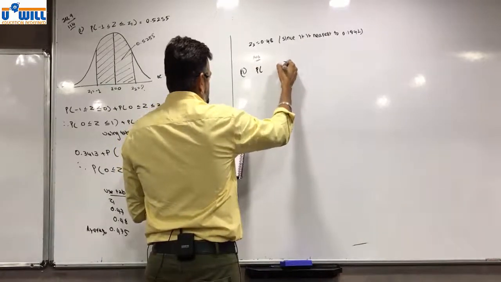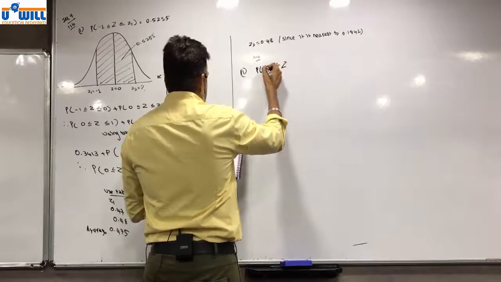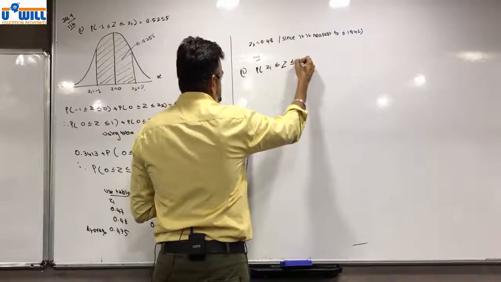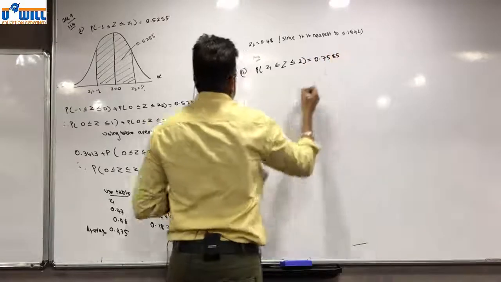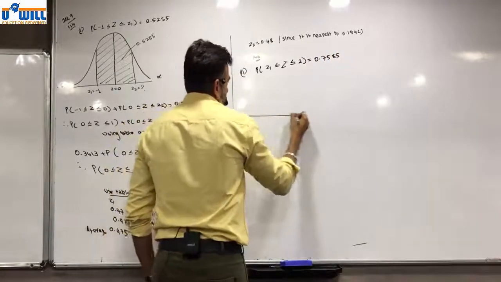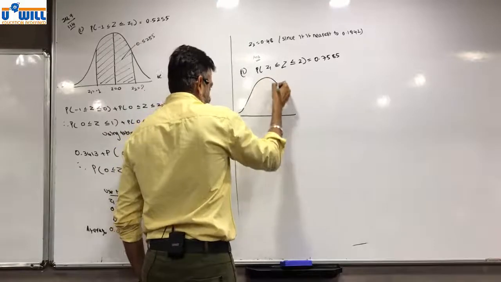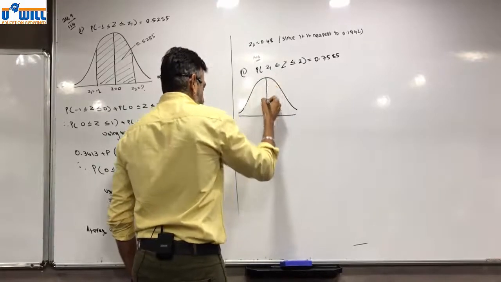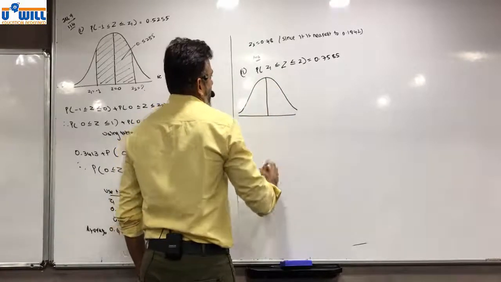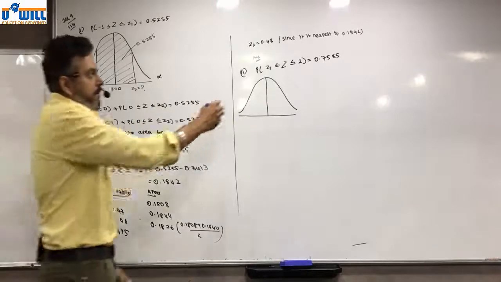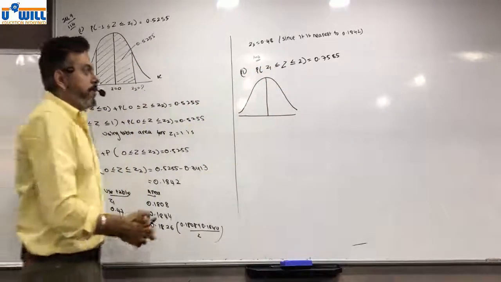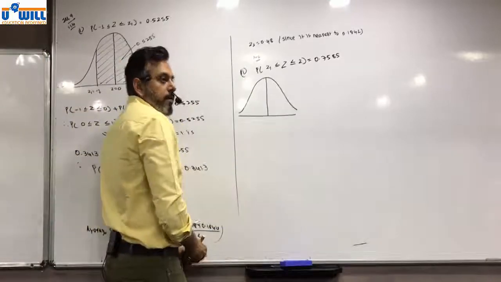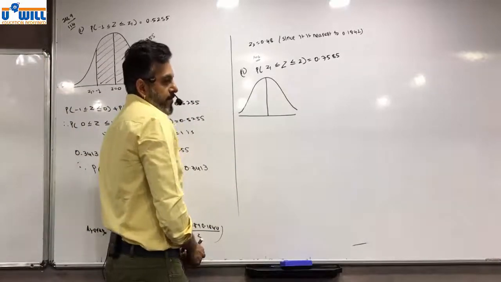Probability of Z greater than equal to Z1 less than equal to 2 is 0.7585. Z1 will be positive or negative? Negative. How did we come to know? No, not because of left.